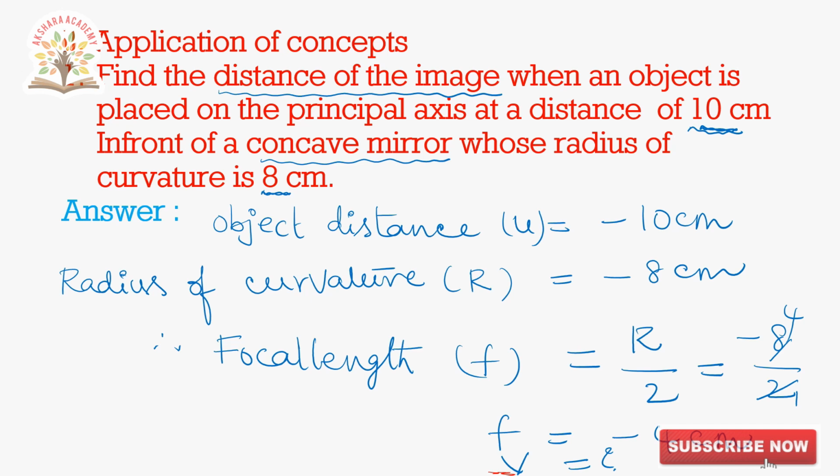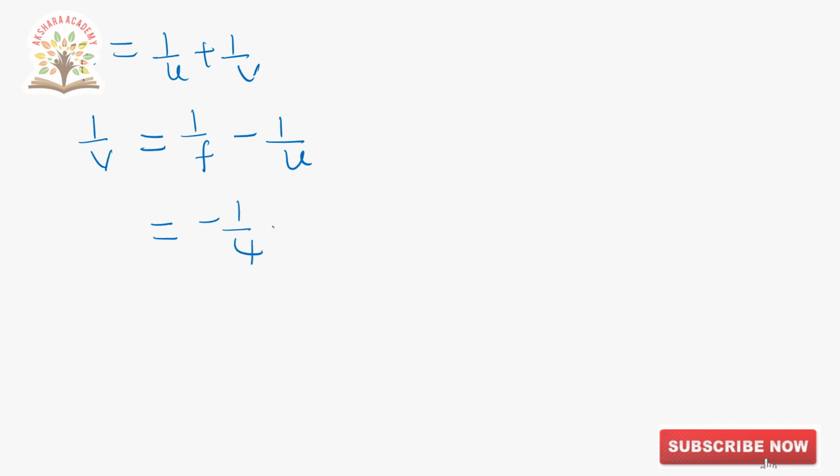Now we will calculate the image distance by using the mirror formula: 1 by f equals 1 by u plus 1 by v. So now we write the formula for 1 by v: 1 by v equals 1 by f minus 1 by u. Substituting values, minus 1 by 4, minus of minus, plus 1 by 10.